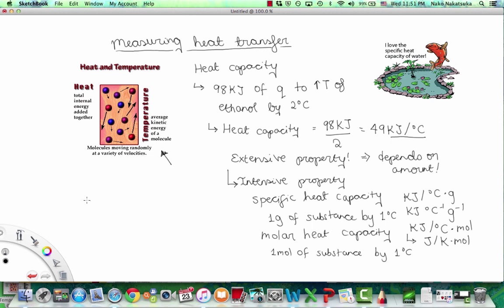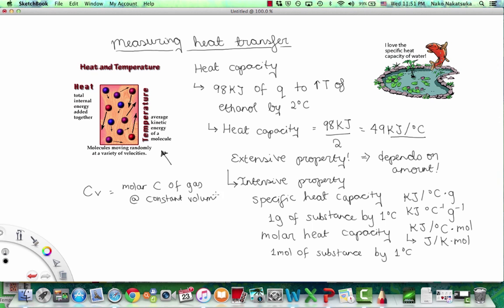So now from here, I wanted to tell you guys the molar heat capacity of a gas at constant volume is given the term CV. So this is the molar heat capacity and I'm going to just use C as representative of heat capacity of a gas at constant volume.